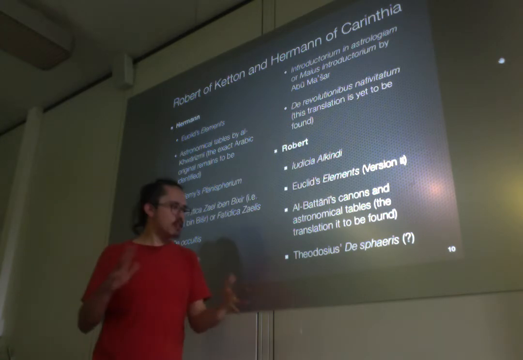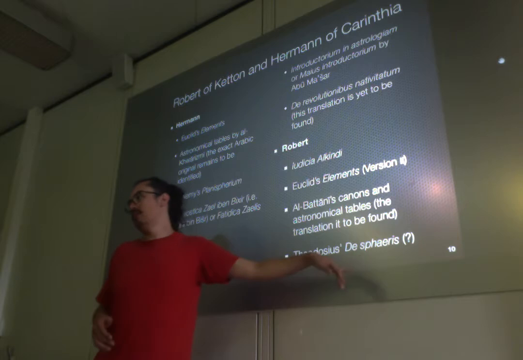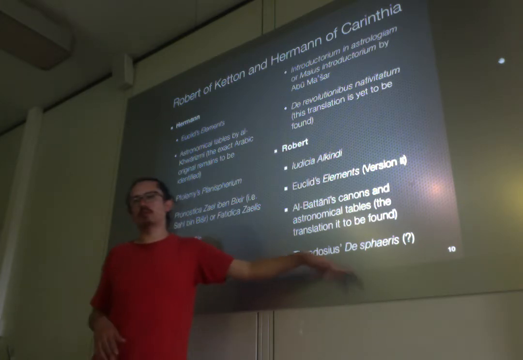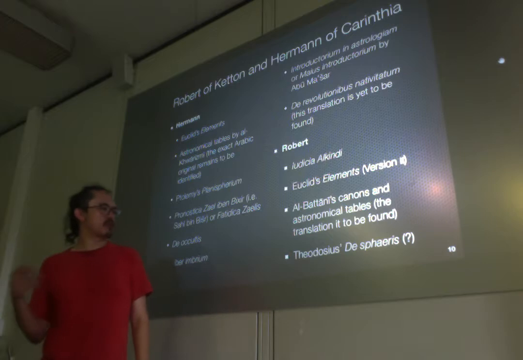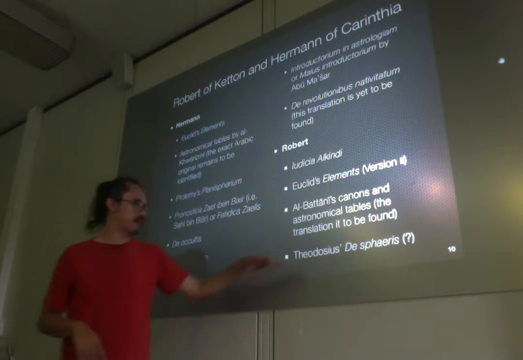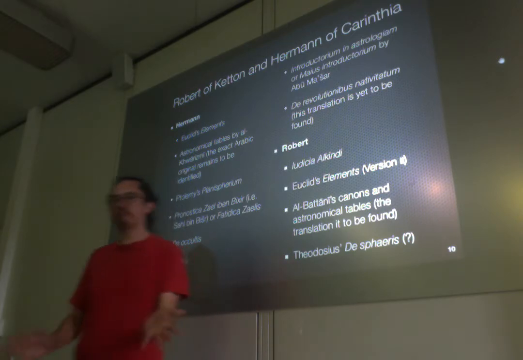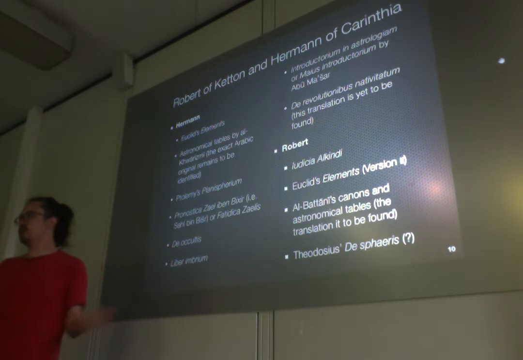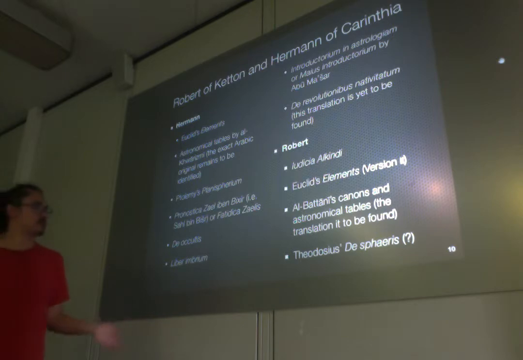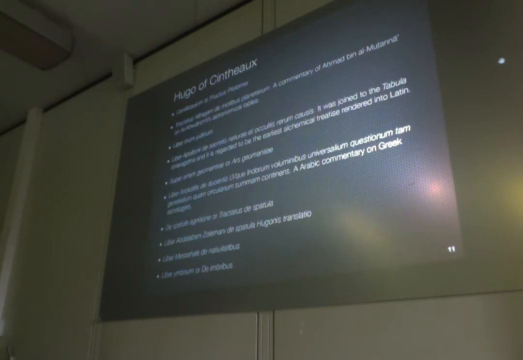And Robert also claims to have translated the work on spherical geometry by Theodosius, but we don't know if he actually translated it, and if he did, we haven't yet found it. So this is to be researched.